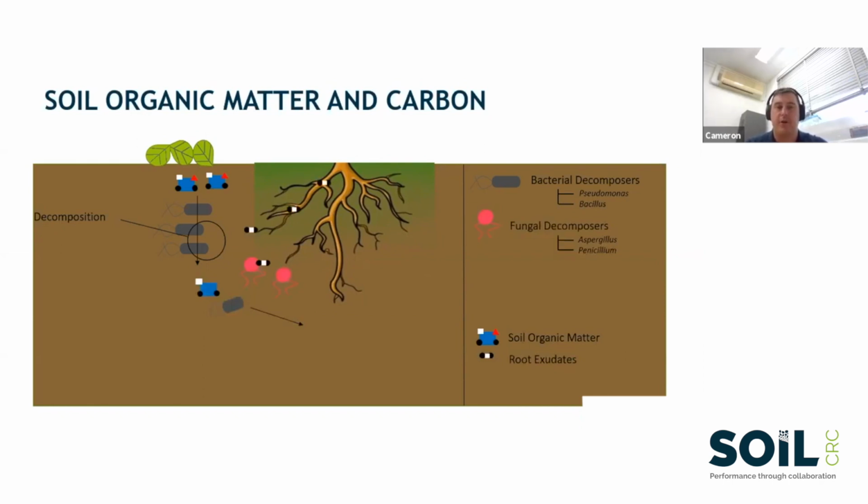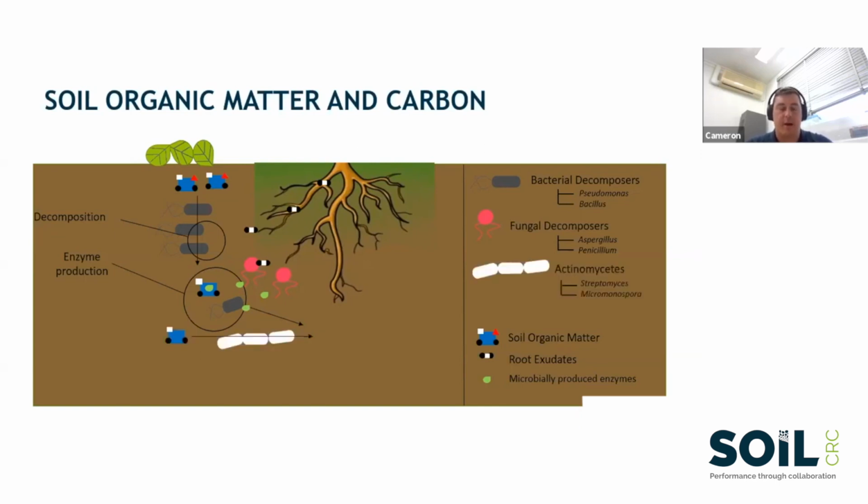Fungal decomposers don't necessarily always try and decompose the organic matter to begin with. They like to feed off root exudates. So it's different carbon forms that are secreted or exuded by the roots. And then they utilize this to produce enzymes. And these enzymes then act on the soil organic matter, and it further breaks it down. At the end of all this, you can still have some complex soil organic matter left in the soil.